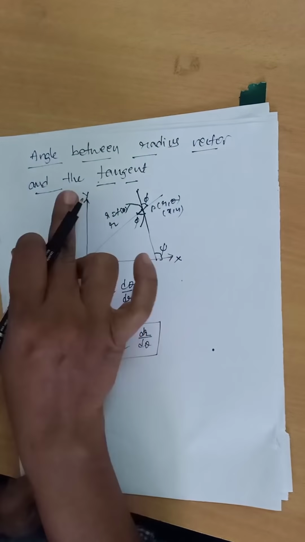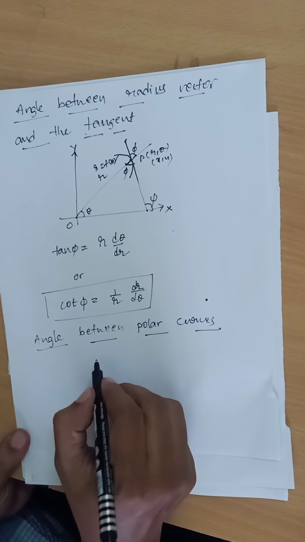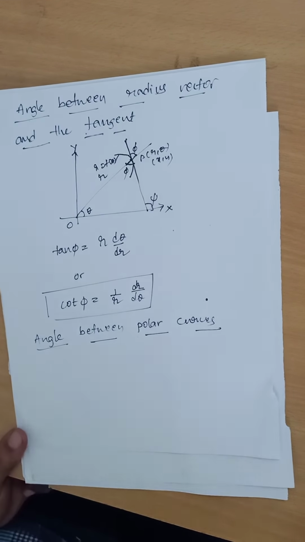After knowing the formula for the angle between the radius vector and the tangent, another formula is there, that is the angle between polar curves. See, here we consider two polar curves. To find the angle, I will give the formula for this.